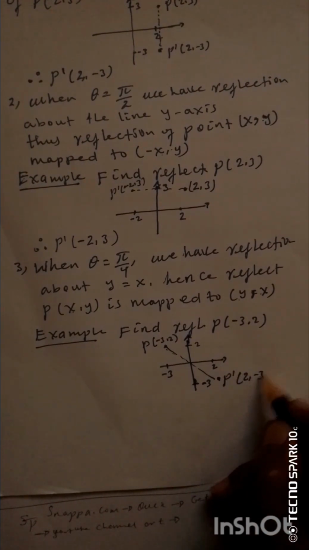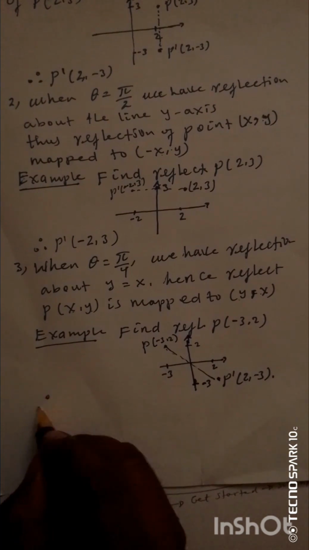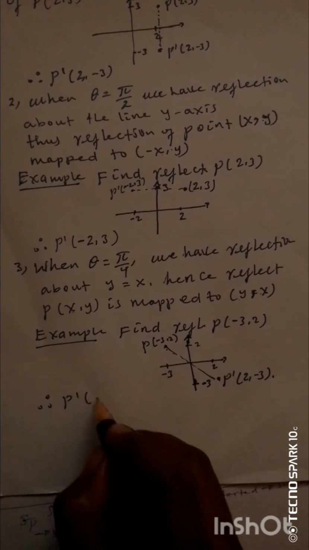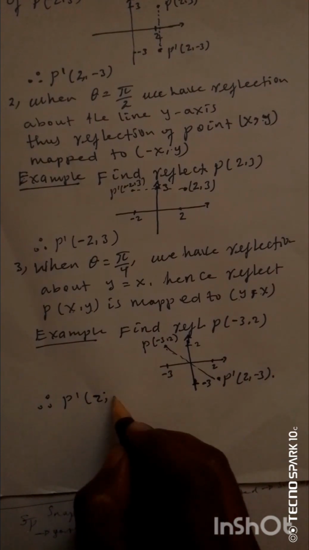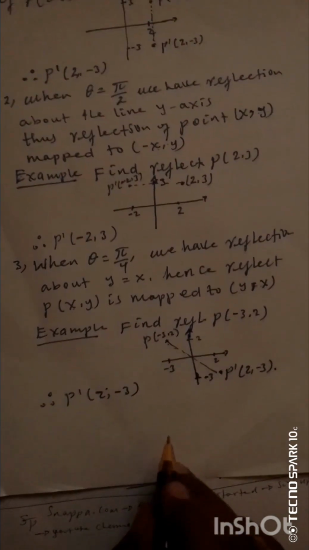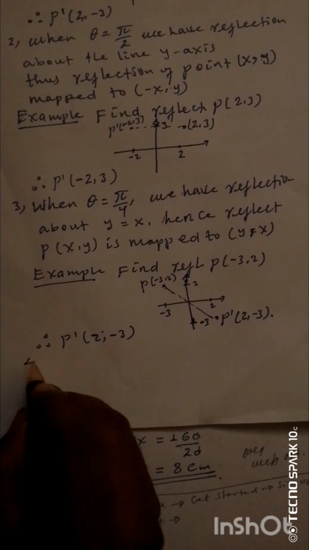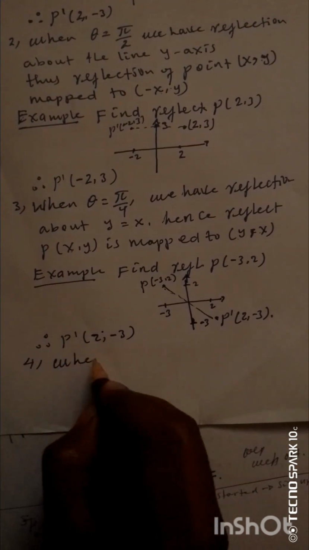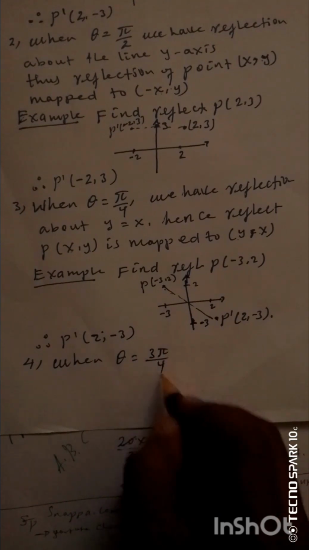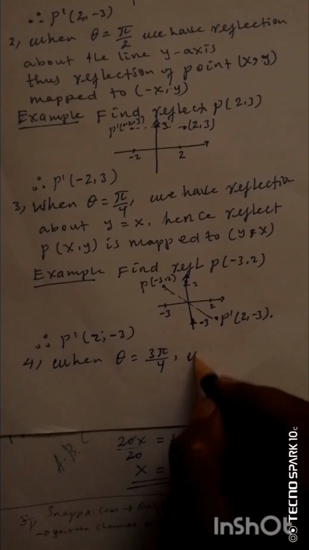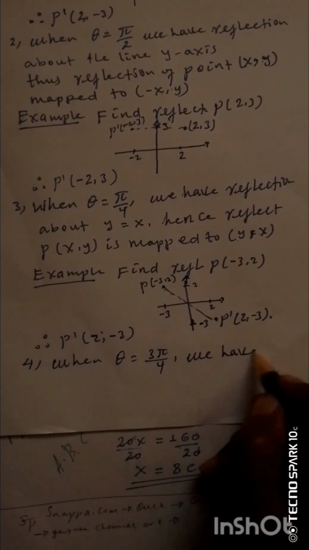That is mapped to P prime at 2, minus 3. Now we conclude this as, therefore P prime, that is the image of P, minus 3, 2, became 2, minus 3.